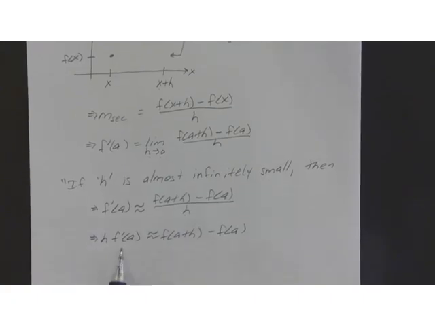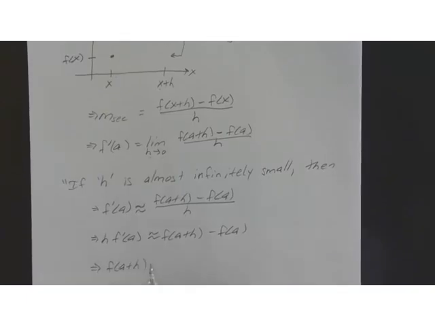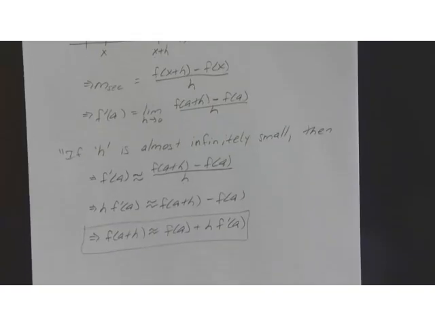So if we add f of a to both sides, that means that we have f of a plus h is approximately equal to f of a plus h times f prime of a. We can use this formula to find future approximations, or approximate future values.